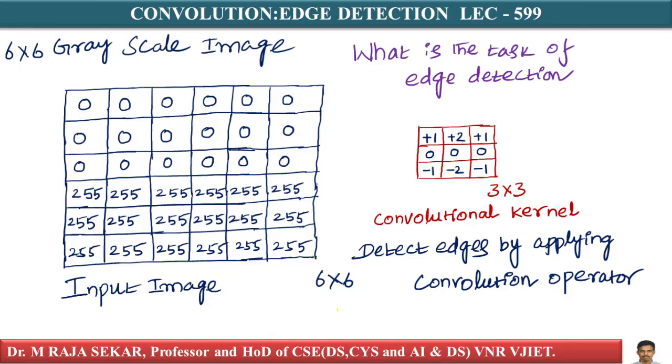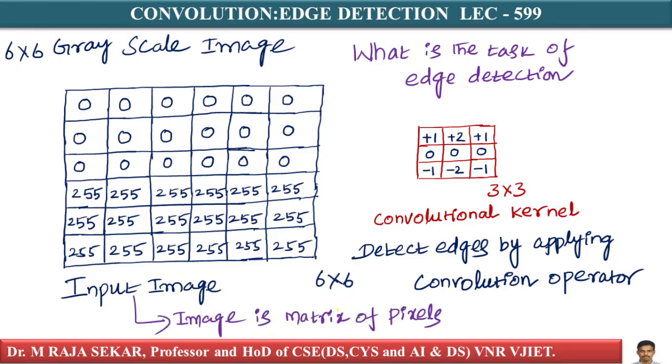You can think of an image as a matrix of pixels. Now this first one, the 6 by 6 matrix, is the input image. This 3 by 3 matrix is the kernel or filter. There is a special name for it.